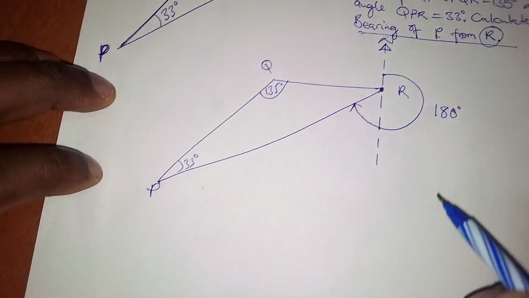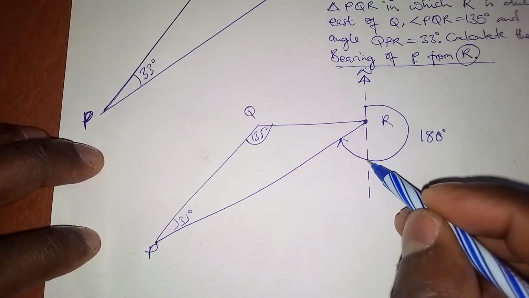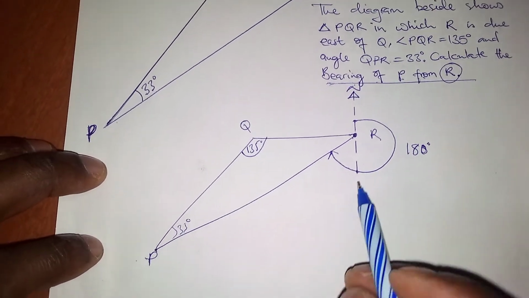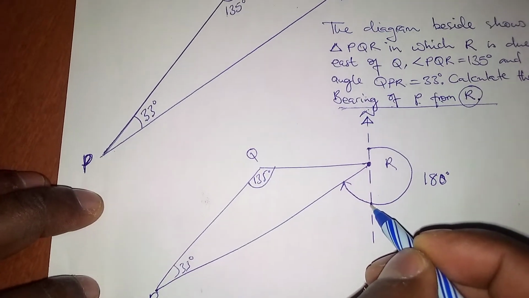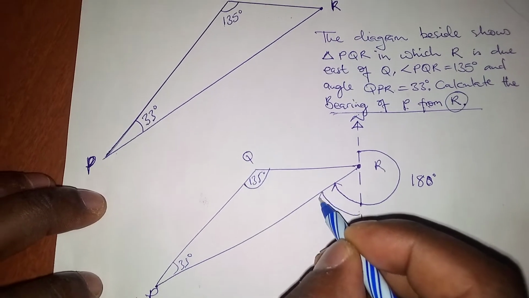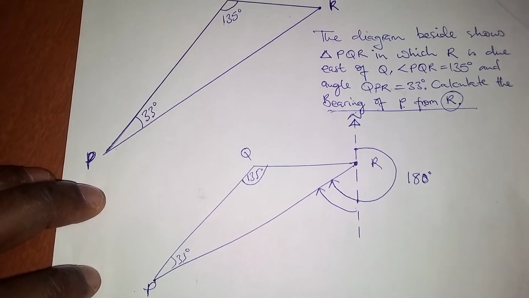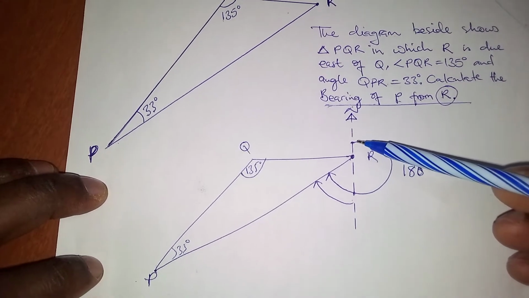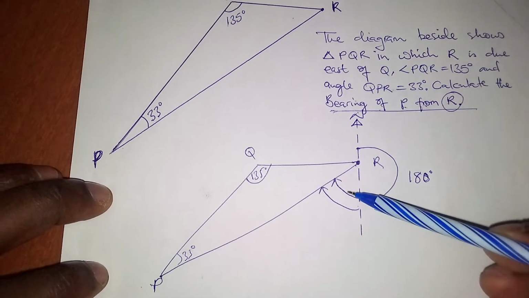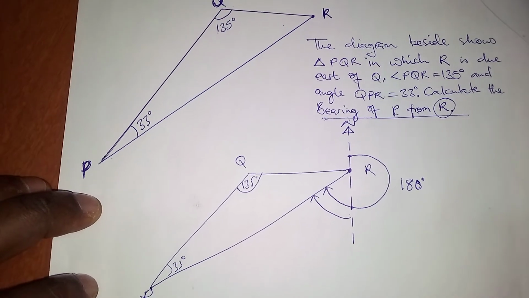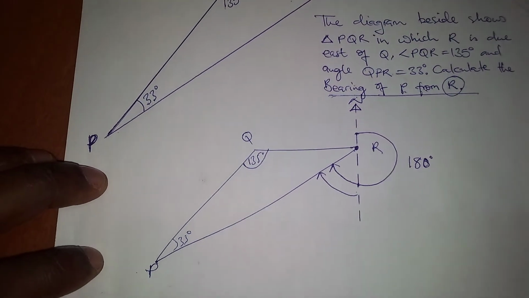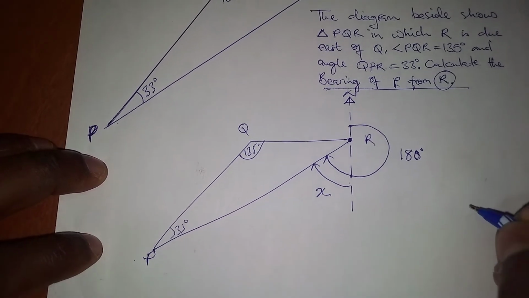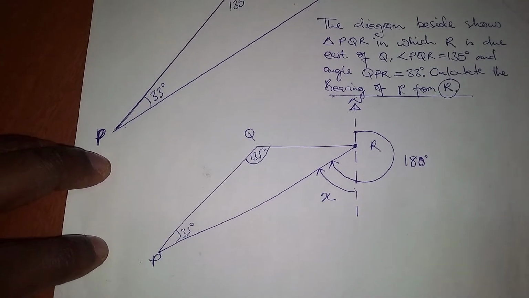So if I identify this angle from here to this point, then the bearing of P from R will be the summation from this point all the way to that point. But how can I find this angle? Let's call this angle X. How can I calculate angle X?